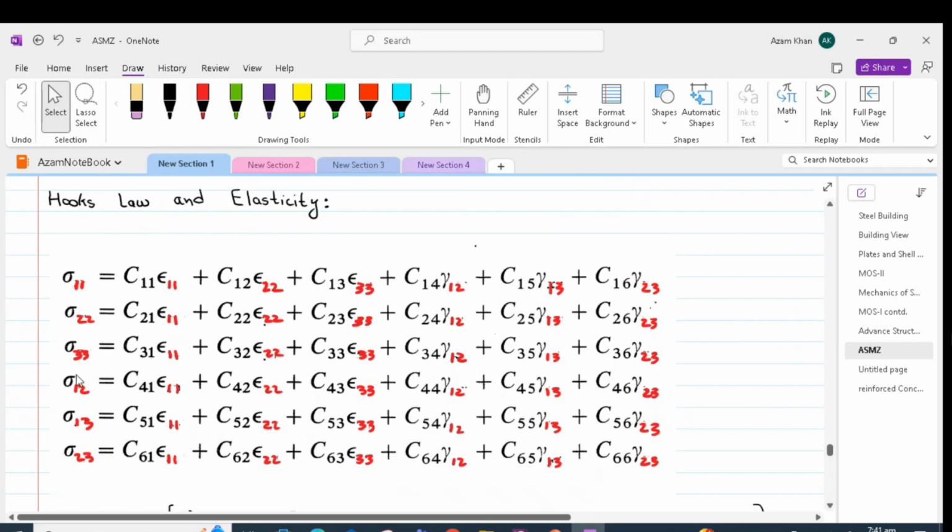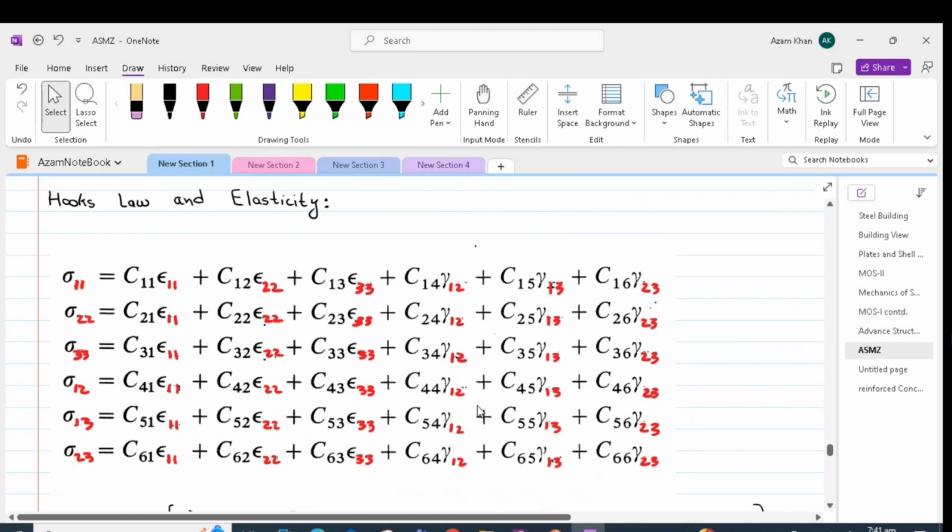So we have six independent components, and each stress component is in turn a linear function of six strain components. And every strain component has its own constant. Thus, altogether, we have 36 constants.